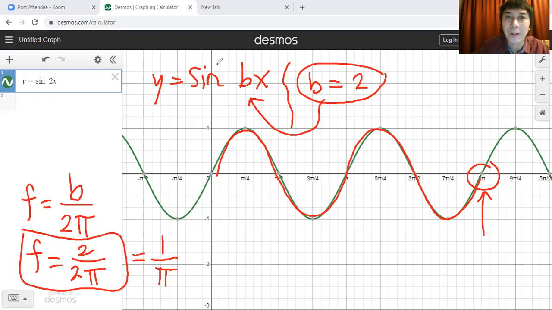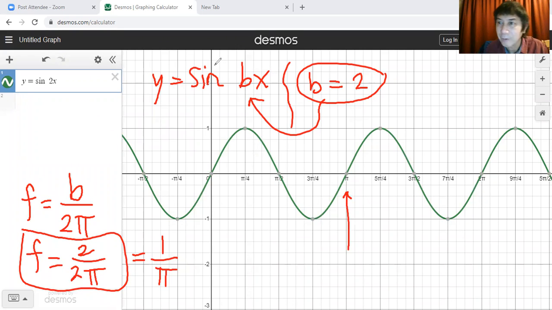That's also true, I can show you that. Where is our pi? The pi radian is over here, and you can see it's one complete cycle for every pi. That's the meaning of this frequency.